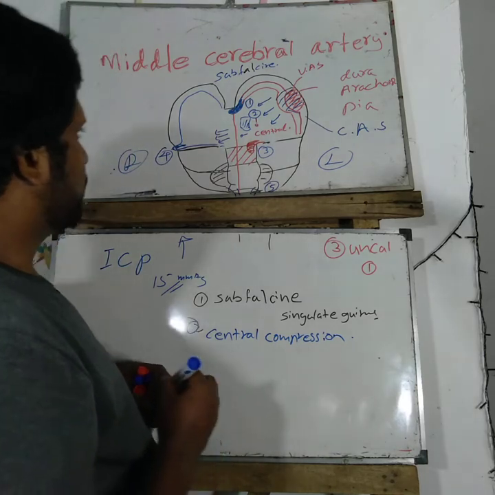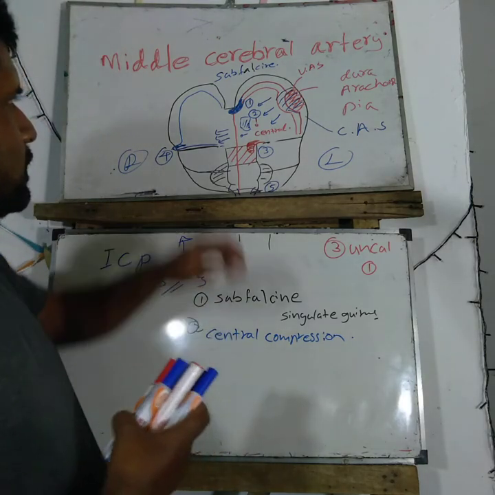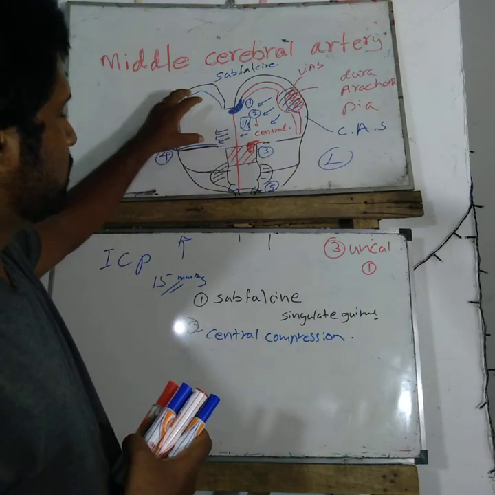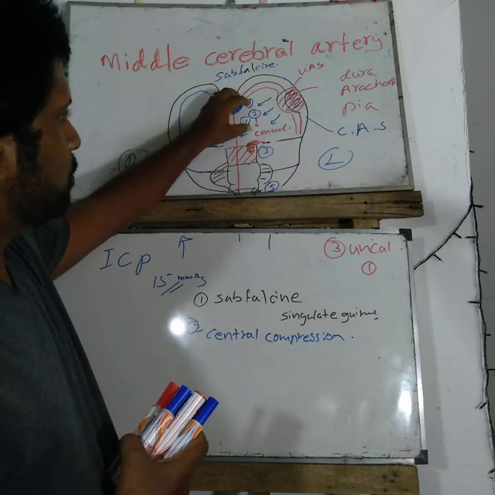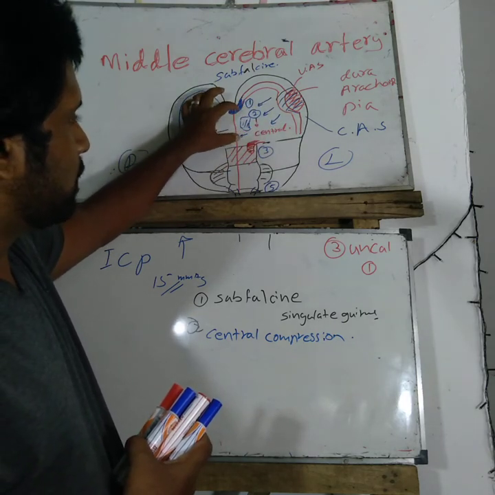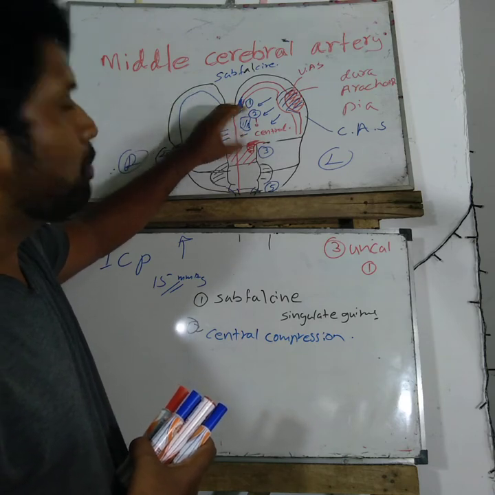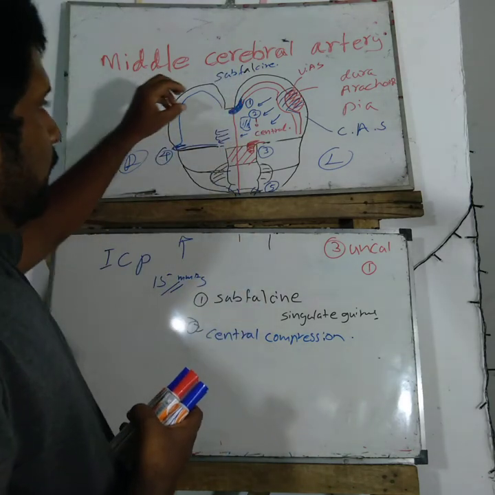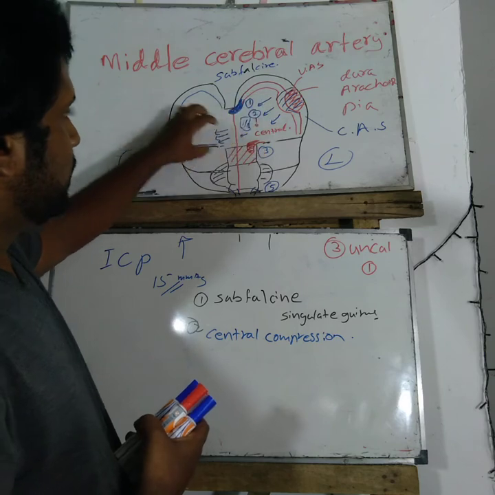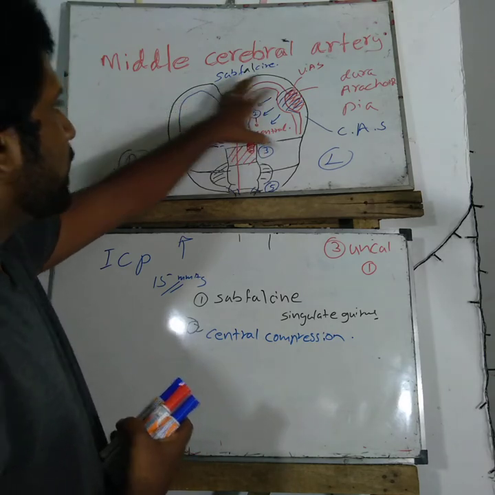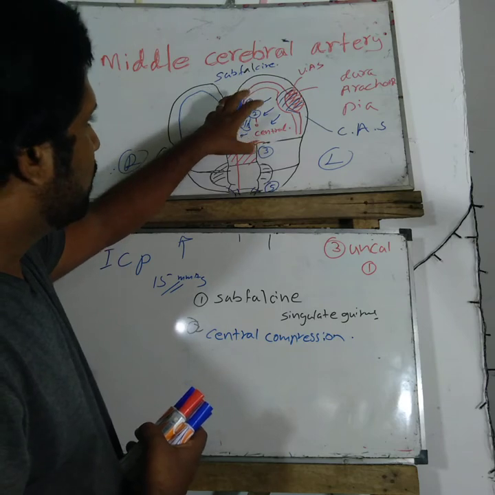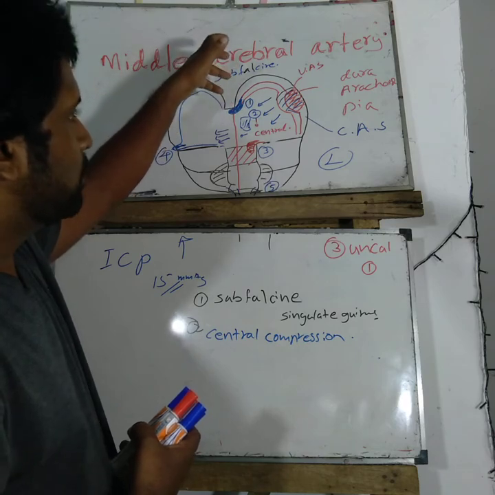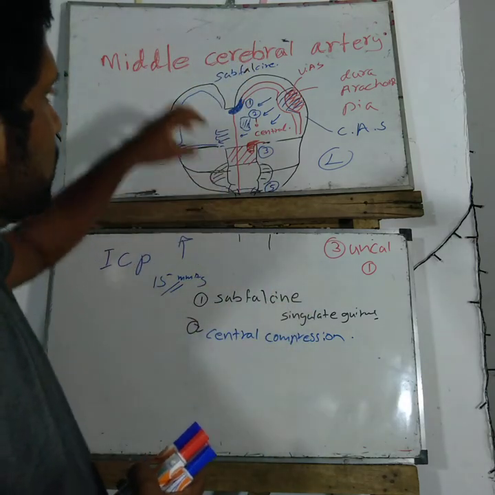Due to this central compression, the CSF fluid in this area, then the arterial supply, the most important inside arterial supply, produces more CSF due to this compression, and the arterial corridor supply has more aggravation inside this area, and a lot of CSF fluid is produced in this area.